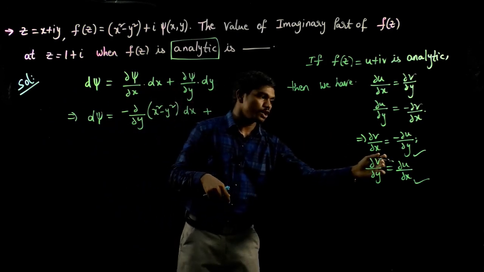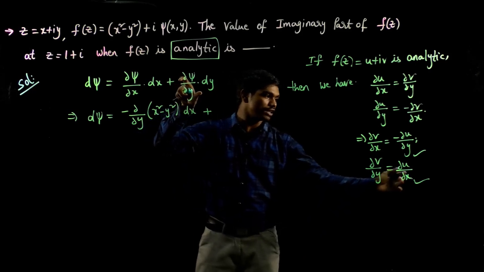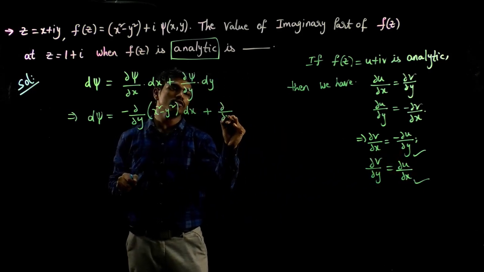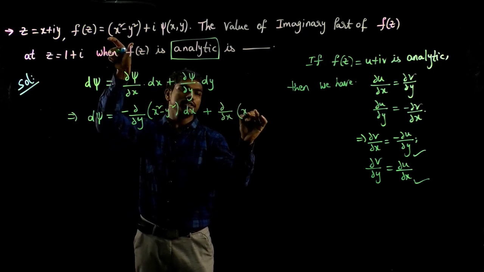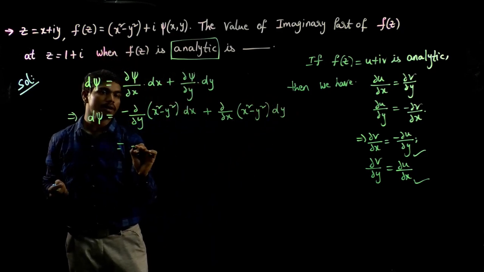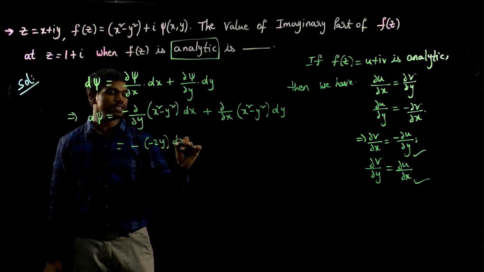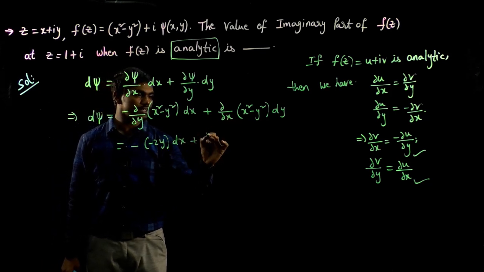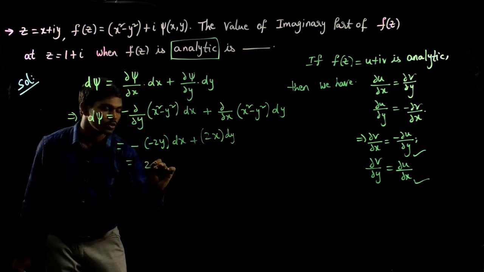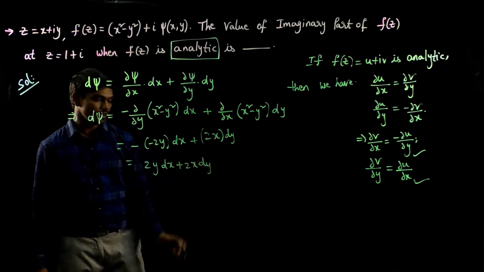Plus here dou v by dou y, which means dou psi by dou y in this case, and this dou psi by dou y by the Cauchy-Riemann equations can be written as dou u by dou x, which means dou by dou x of this function x square minus y square dy, correct? So this is minus dou by dou y of this function, which is minus 2y dx, plus dou by dou x of this function, which is 2x dy, so this is equal to 2y dx plus 2x dy.